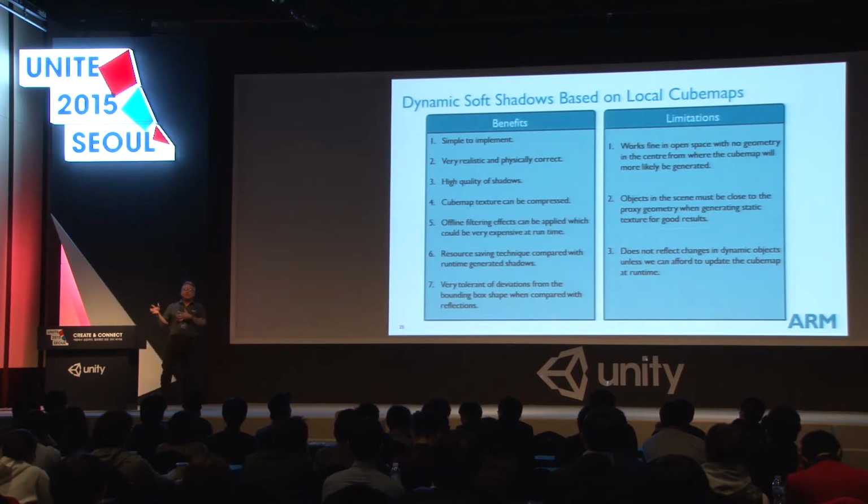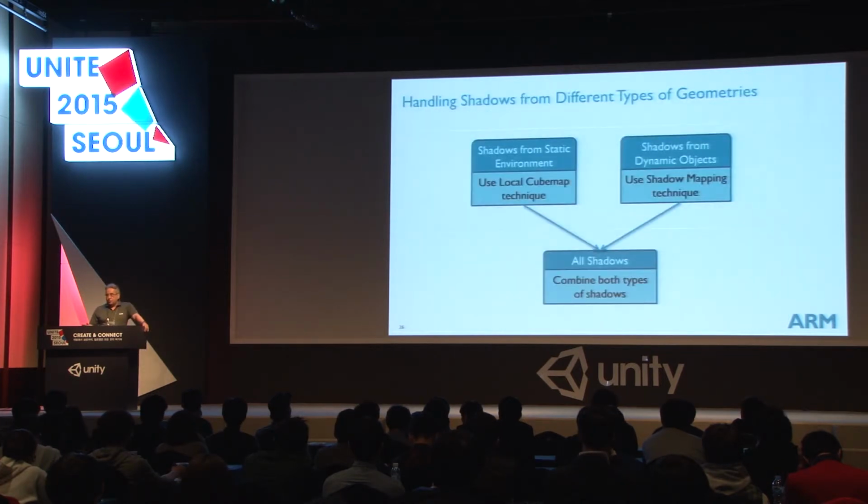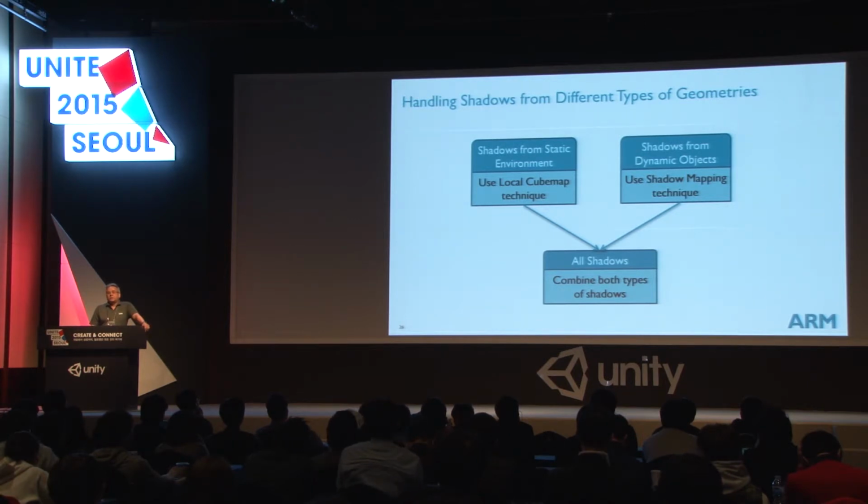This technique is not able to render, of course, the shadows from dynamic objects. And how can we solve this? We follow the same approach as reflection.